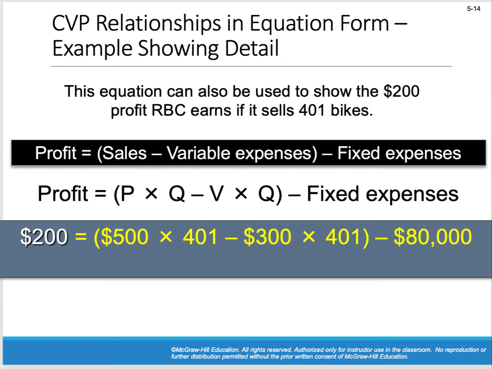Again, how many bikes did we sell? 401 bikes minus $80,000, which is our fixed expenses. We get a profit of $200.